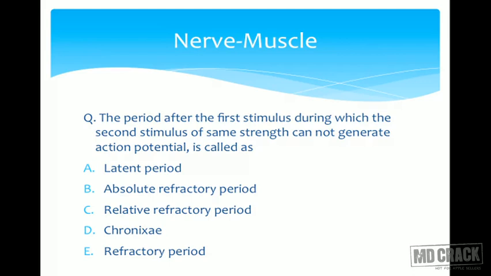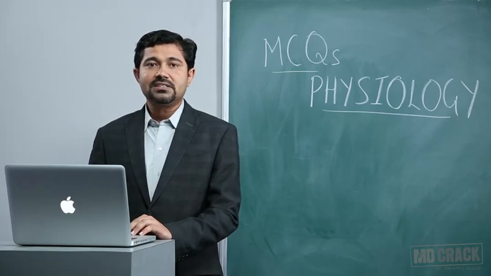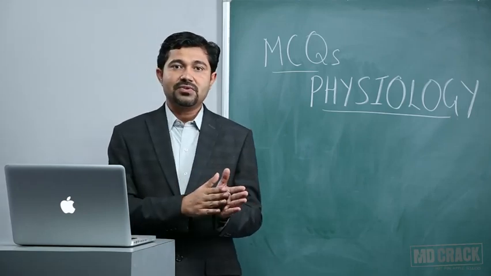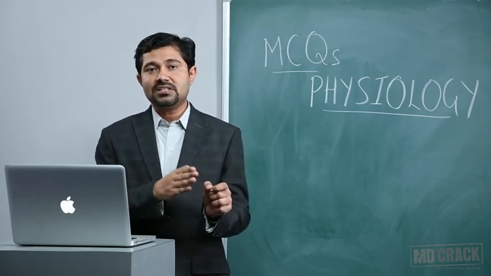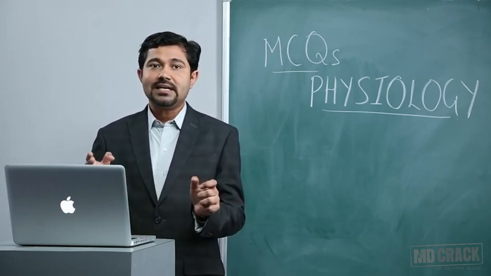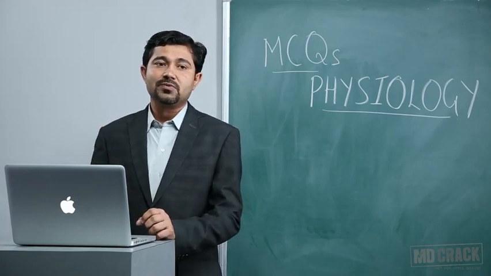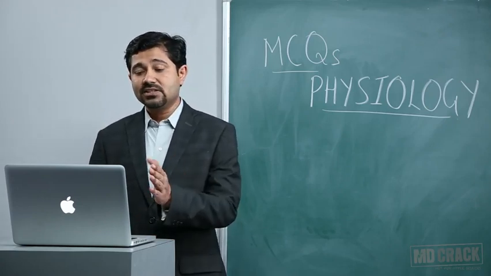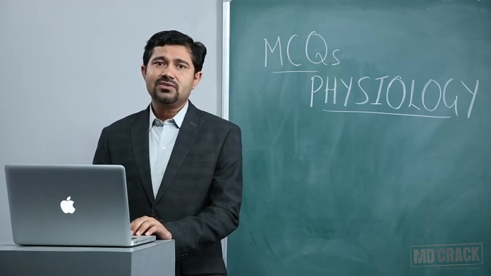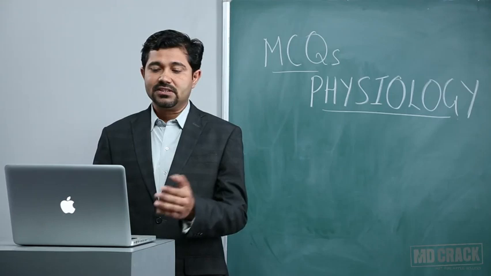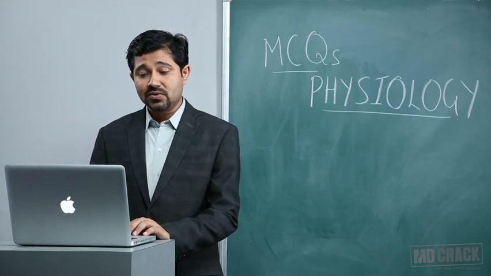For that you have to understand the properties of the action potential. What do you mean by latent period? Latent period is the time taken for the response to appear after the point of stimulus, as the stimulus has to reach the threshold level and then the action potential has to be generated. So that is the major cause of the latent period. What is chronaxie? Chronaxie is related to rheobase and excitability. So these two options we are ruling out.